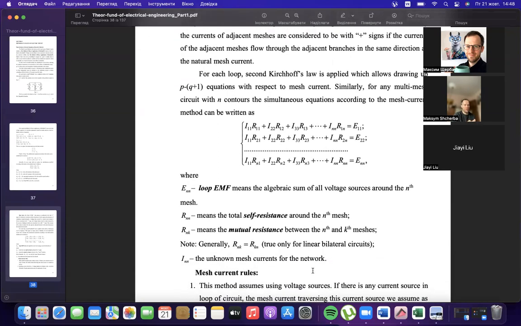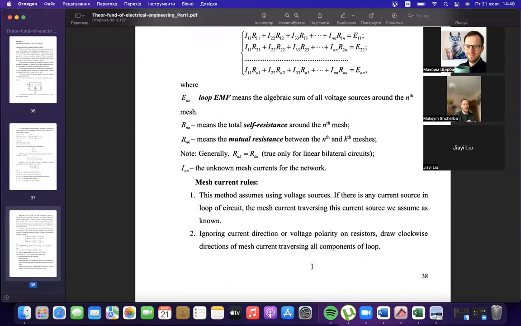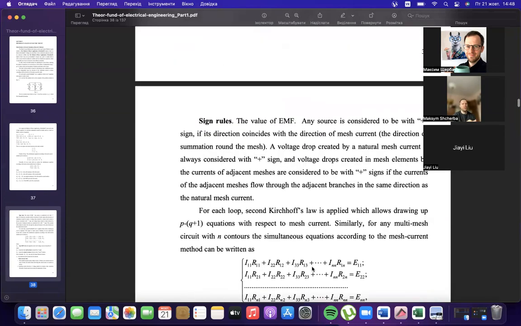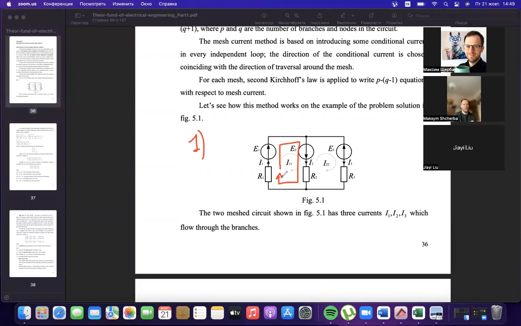Then the algorithm, how we are doing it practically. The signs plus or minus you choose depending on the direction of the mesh current. The first step, you choose the direction of the mesh. Generally, you could choose any direction. Mostly the choice is clockwise, but it isn't a strict mathematical restriction.